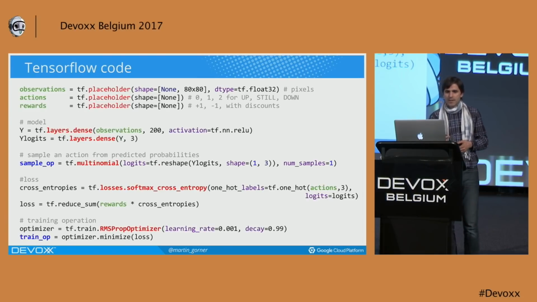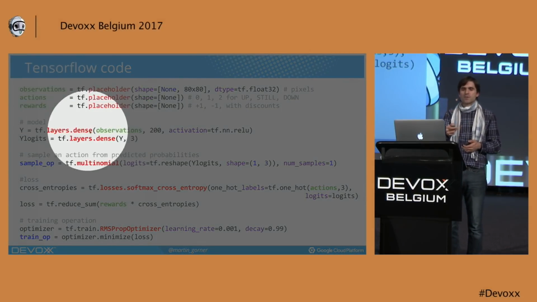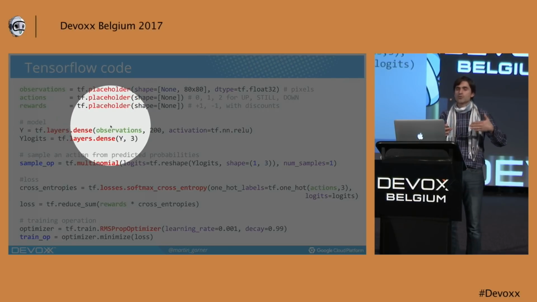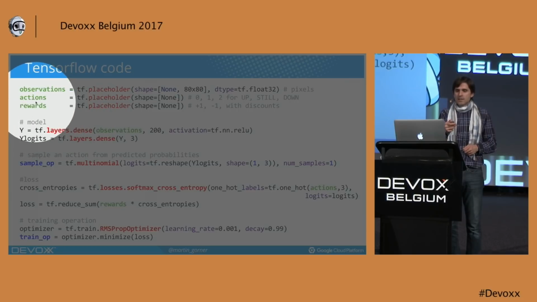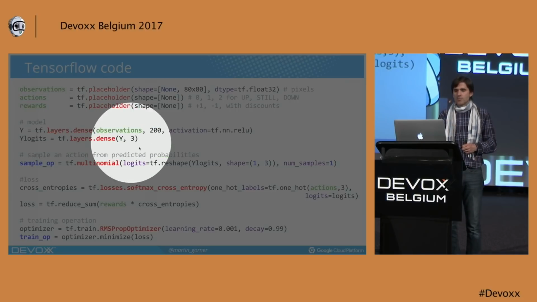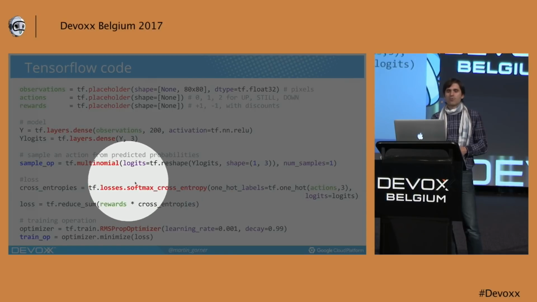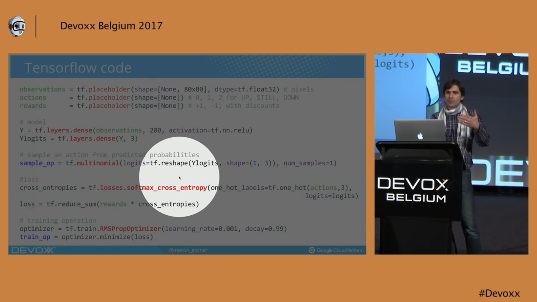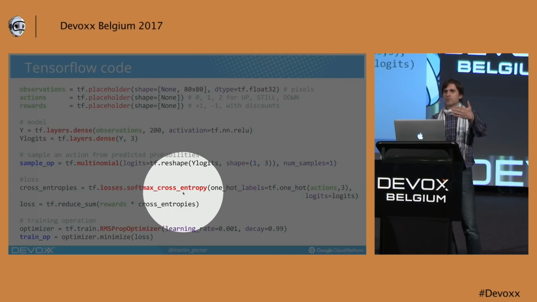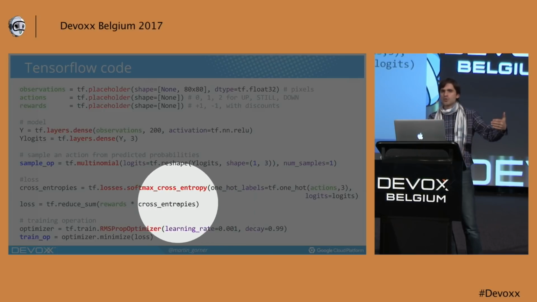And why do we need all those things? Well, we need the observation because that's what we run through our neural network to produce the probabilities of the next move. We need these actions because that's how we compute our cross entropy, the loss function, which usually is the difference between what the network predicted and what we knew to be true.